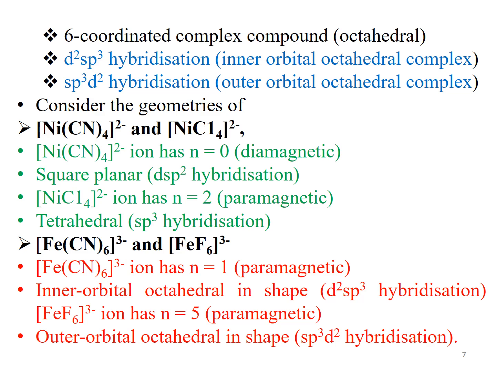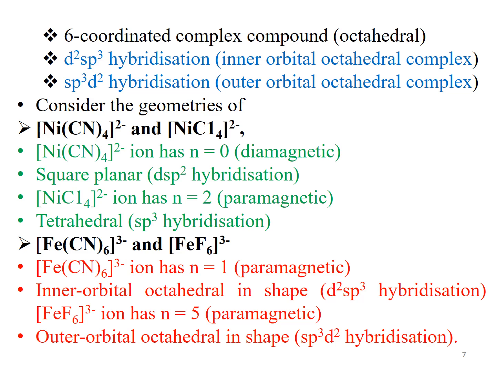The next case of six coordinated complexes, that is hexacyanoferrate, has one unpaired electron, and it should show paramagnetism equal to one electron, and it is inner orbital octahedral in shape, having d2sp3 hybridization.